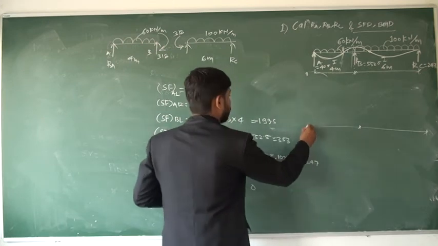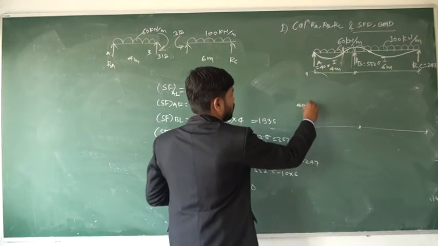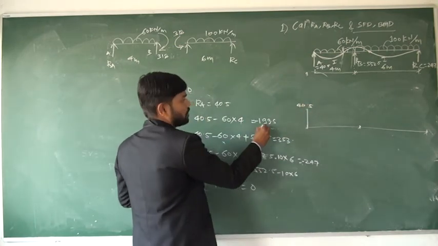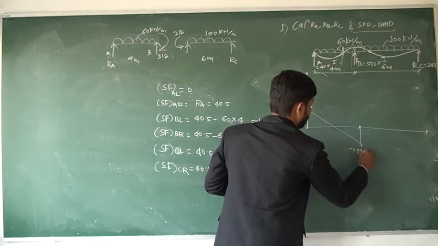So here it is 0, then 40.5, then minus 199.5.